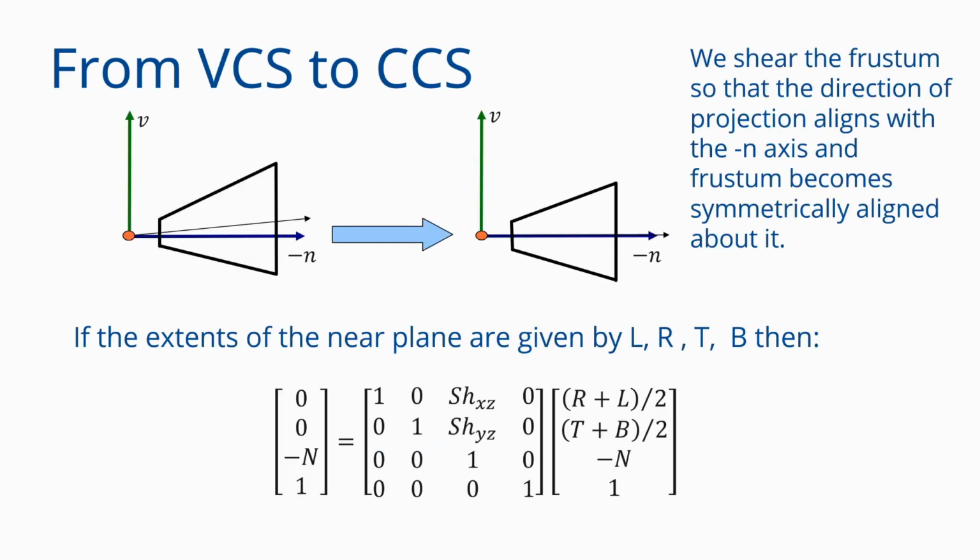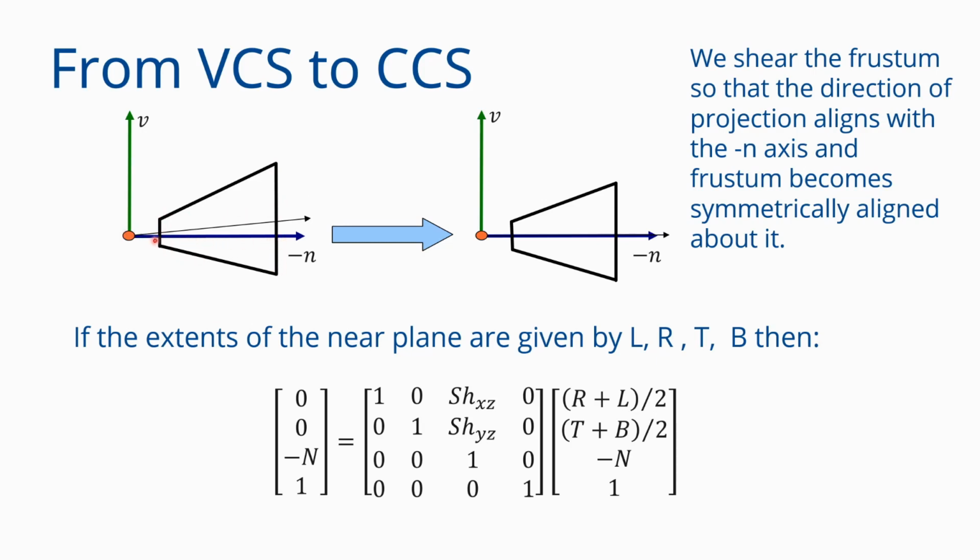Okay, so here goes. This is our first step from the VCS to the CCS. In the VCS, the frustum has the near plane and the far plane that are perpendicular to the n-axis.